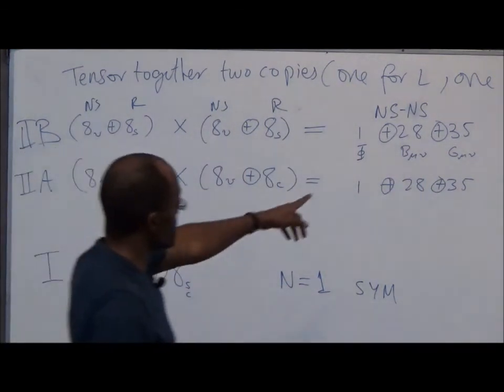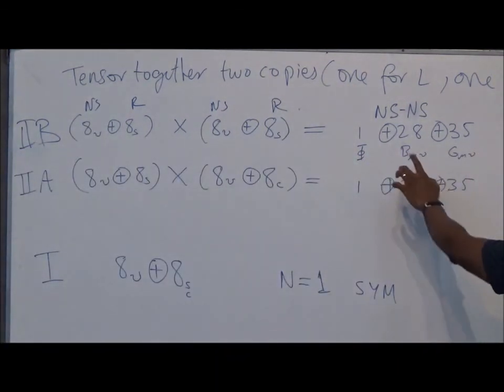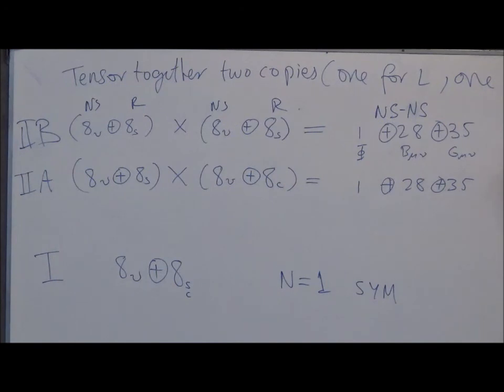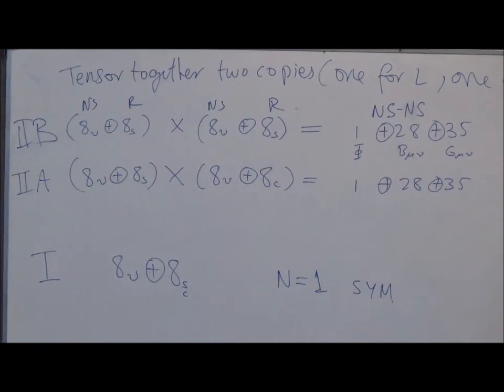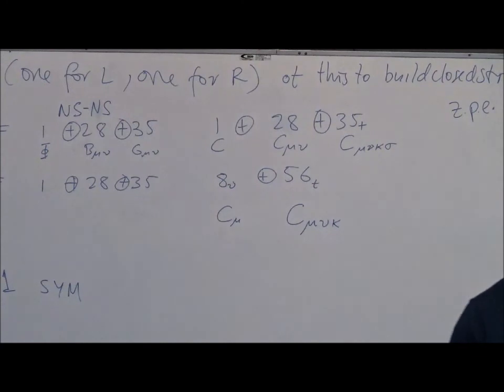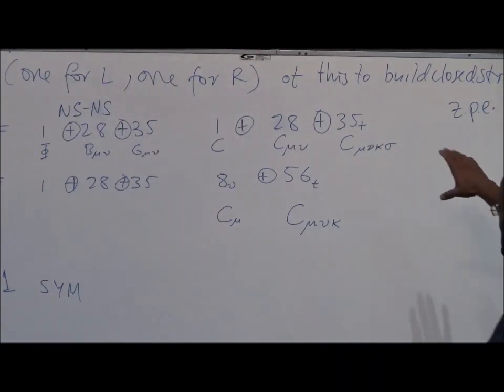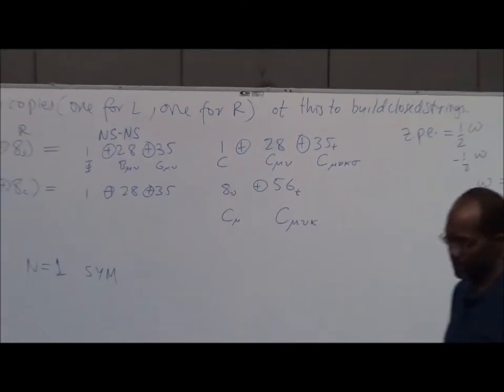This is instead an N equals 2A or N equals 2B supergravity multiplet. And the supersymmetry is completed by having these antisymmetric tensor fields. Okay, so I'll stop there. Thank you.